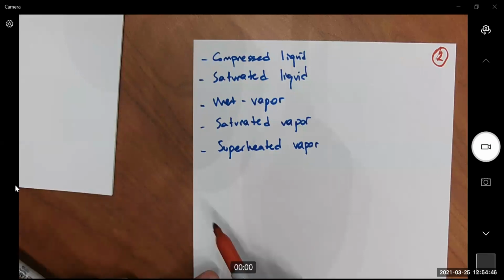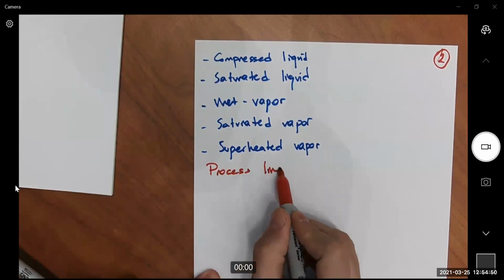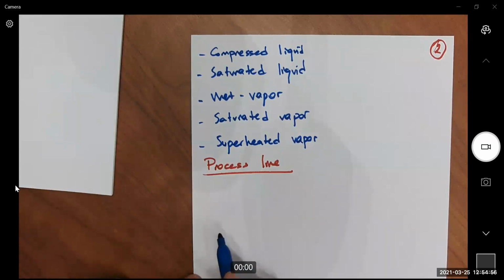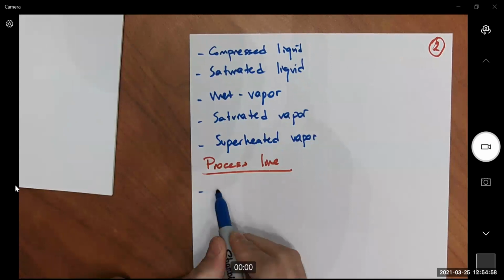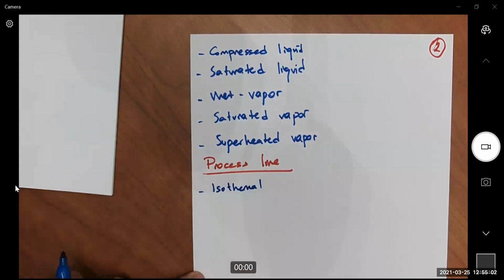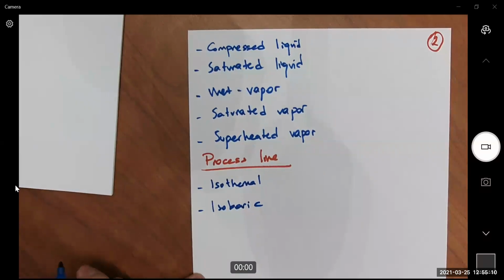And we still have the same processes we are dealing with, and we want to introduce new processes because of the second law. So isothermal, with what? Constant temperature. Isobaric, constant pressure.